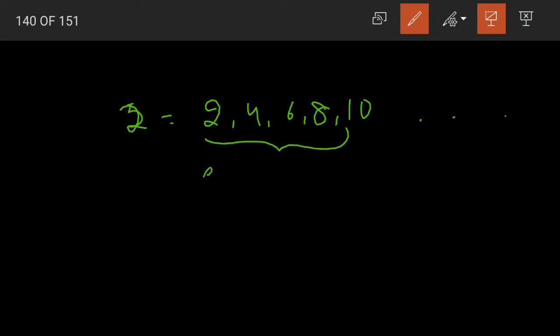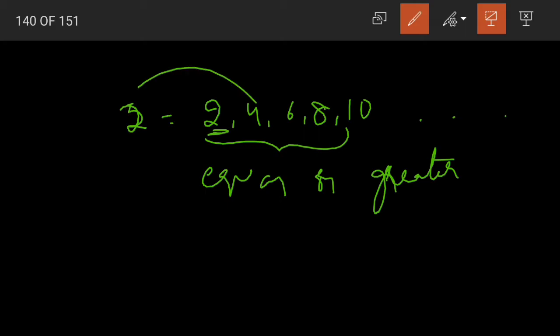See, if we write the multiples of a number, say multiples of 2, we have 2, 4, 6, 8, 10 and so on. Now what can you say about the comparison between multiples and the number? Every multiple is either equal to or greater than the given number.